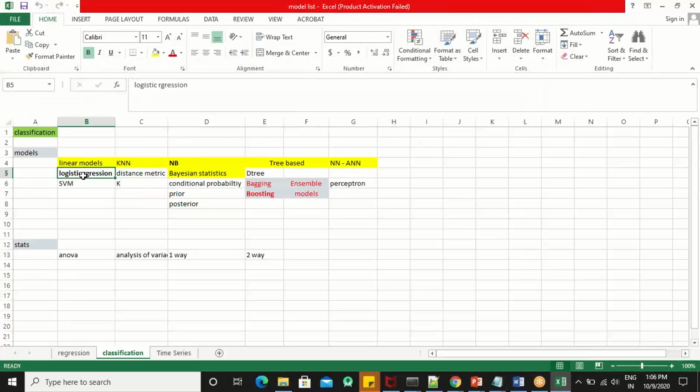So coming back to this, we have talked about these two models, which do not support multi-class classification. So that's why what you need is OVR versus OVO. Remember that.